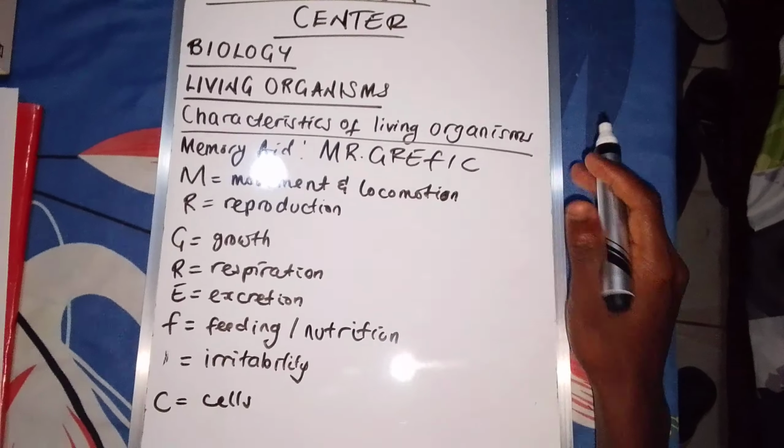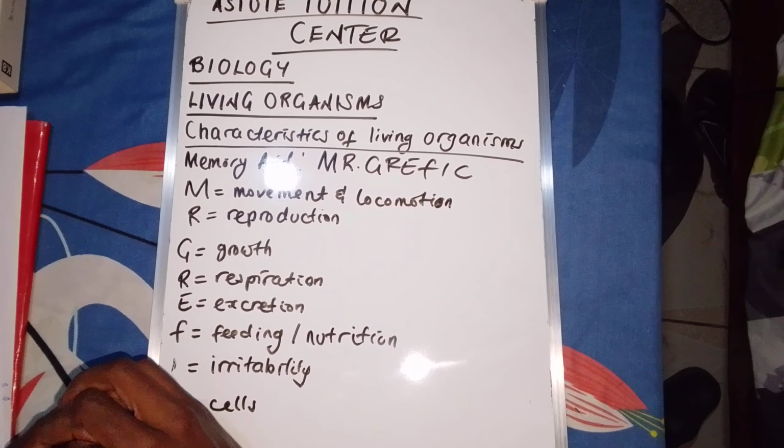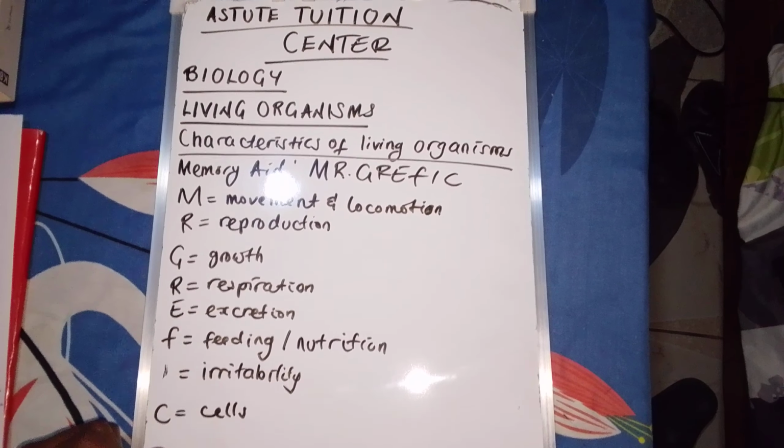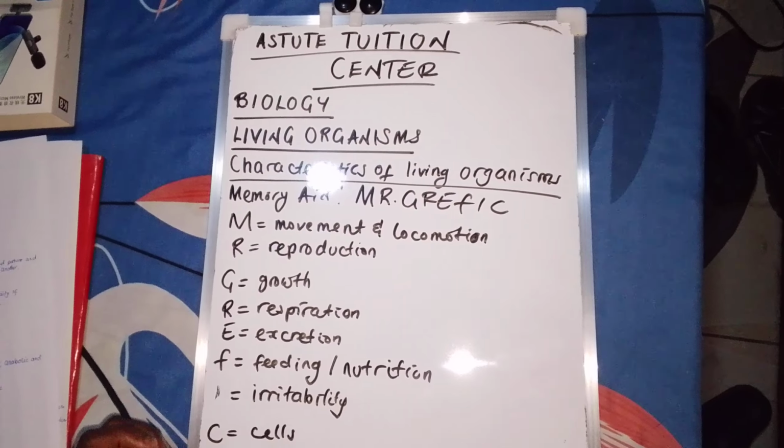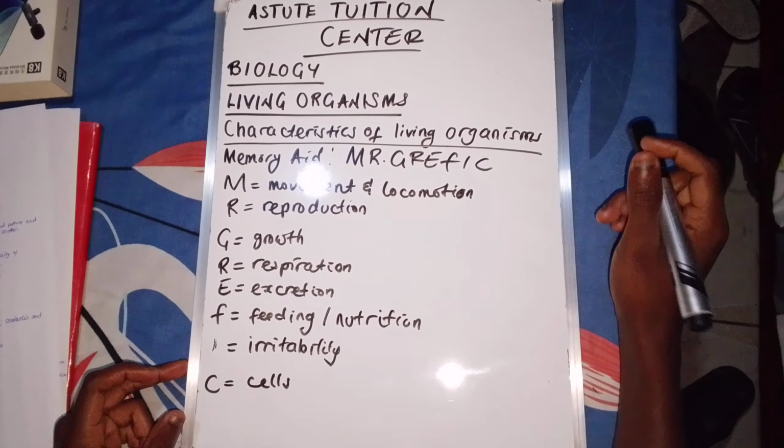So as I said, we're looking at living organisms. Living organisms have got characteristics that make them to be classified as living organisms, and there are eight of these characteristics.